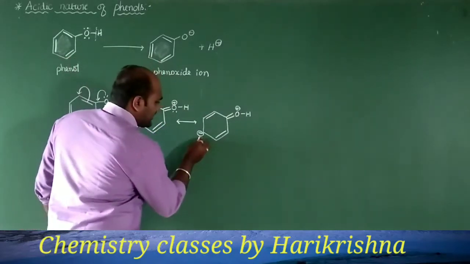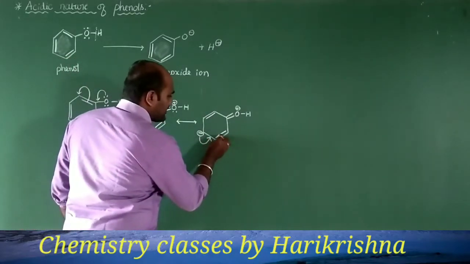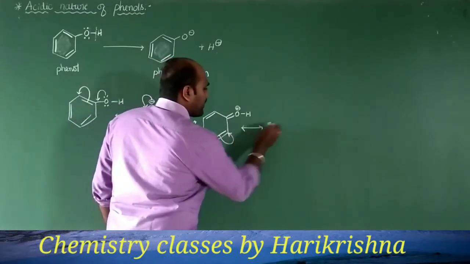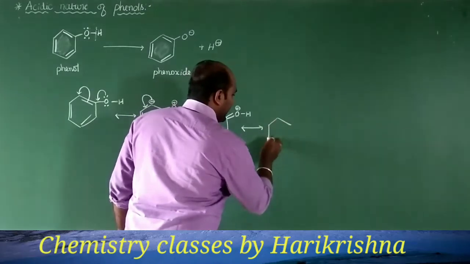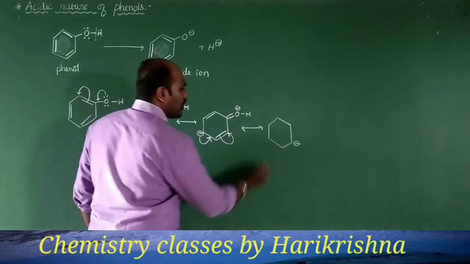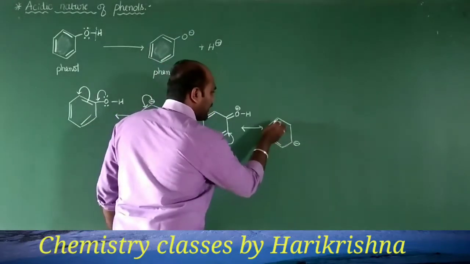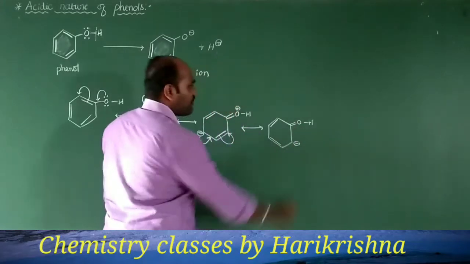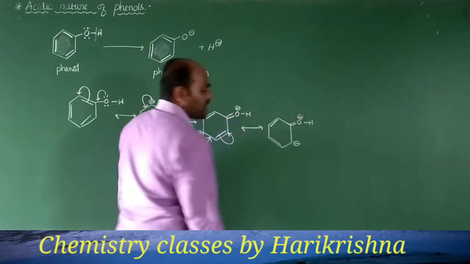And now this negative charge will distribute here, so that this pi electron density will move on to the adjacent carbon atom, creating one more canonical form. So here there will be a negative charge, new pi bond, here one new pi bond, double bond to OH with a positive charge.